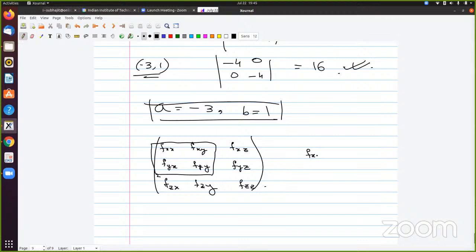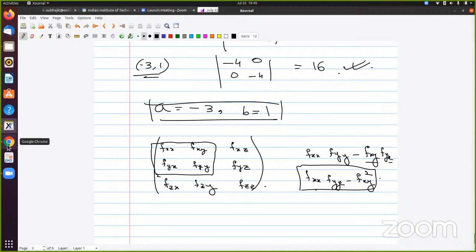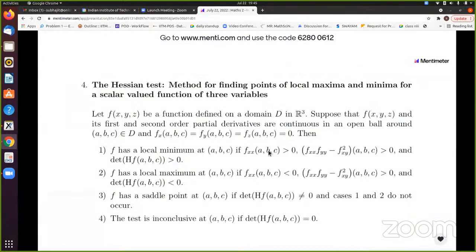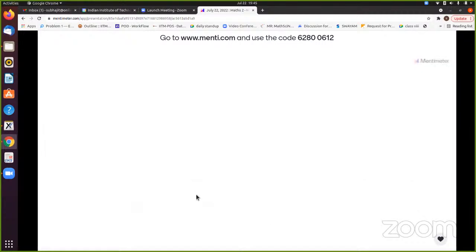So this is fxx fyy minus fxy fyx, and now these two are equal because all the partial derivatives are continuous. So this is squared. So this also we need to find out. Okay, so the condition depends on this portion also. Okay. So let's check for one function.